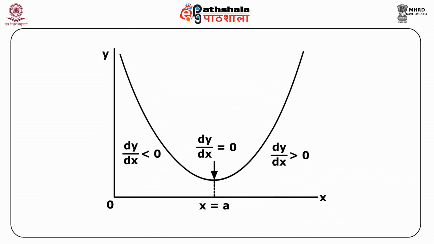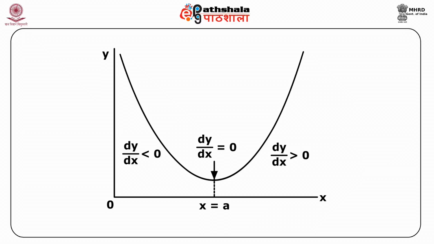The figure shows a convex curve in which, again, the sign of the first derivative varies at different points on the curve. Here, at points on the extreme left of the curve, the first derivative is less than 0 as the curve is downward sloping. Then, at a particular point A, the first derivative becomes 0 again.